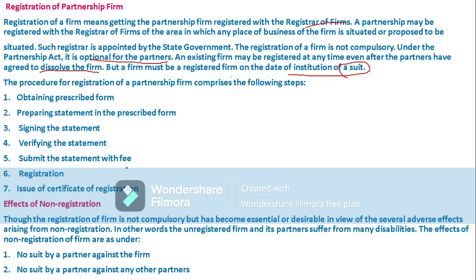Then submit the statement with fee. So there will be a registration fee. The government fees applicable for a partnership firm registration vary from state to state, and it also depends on the partners' contribution. So you can register your partnership firm online also. It amounts to roughly 7,500.